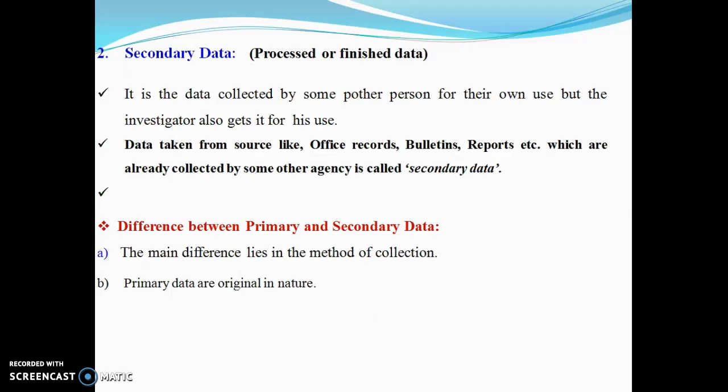Suppose, for example, if person X collects original data, then it becomes primary data for him. Whereas, if the same data is used by Y, then it becomes secondary data for Y. In this case, the only difference is that the user of secondary data may not have a thorough understanding of the background of the data as the user of primary data.